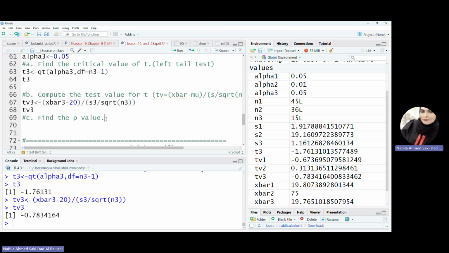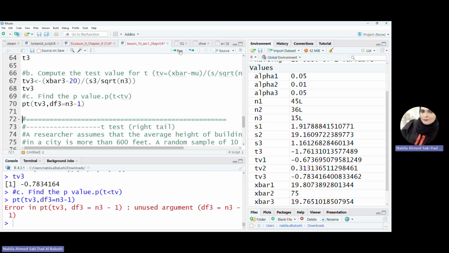Find the p-value. The p-value for t is the probability that t is less than the test value. As we did with the normal, this is a cumulative probability, so we use pt, then the test value, comma, degrees of freedom equal to N3 minus 1.